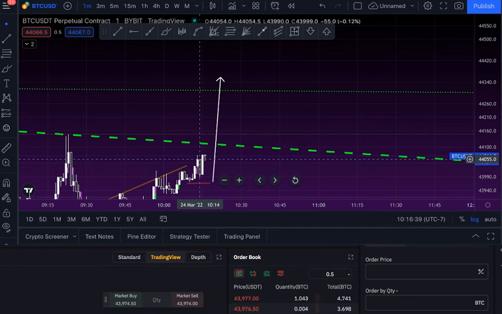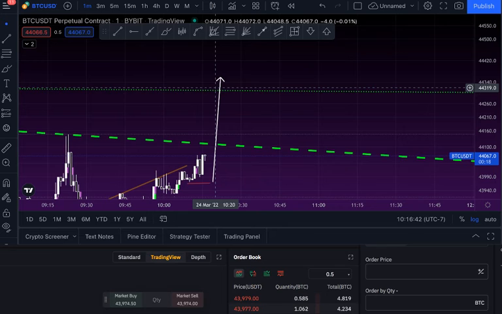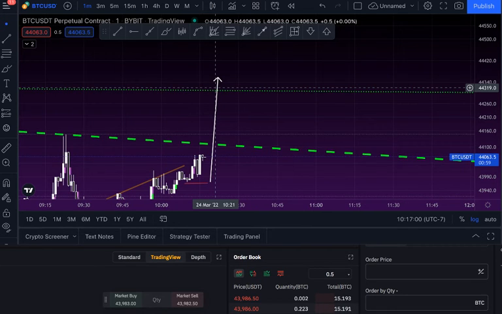Does that mean they want to push it higher? See if they defend. Bybit. Volume isn't exactly spiked yet.